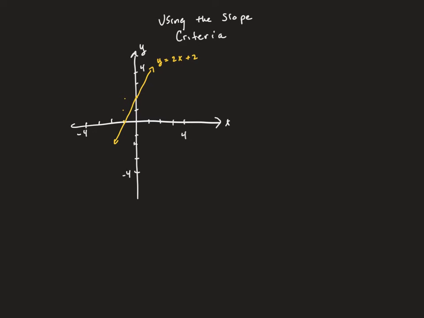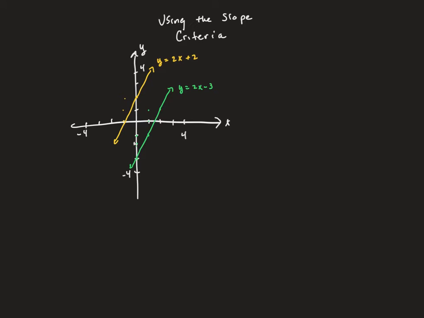A line that would be parallel to it would be this line right here. Looking at my y-intercept, y equals some slope minus 3, 1, 2, 3, so that's negative 3. And my slope is up 2 over 1, so that is also 2. Both of these are parallel.